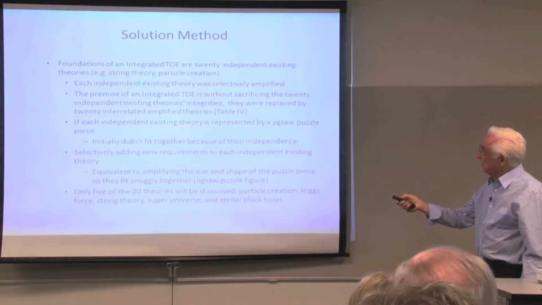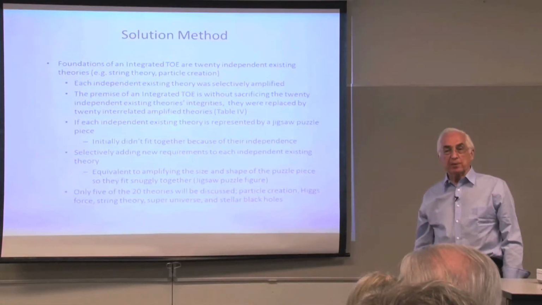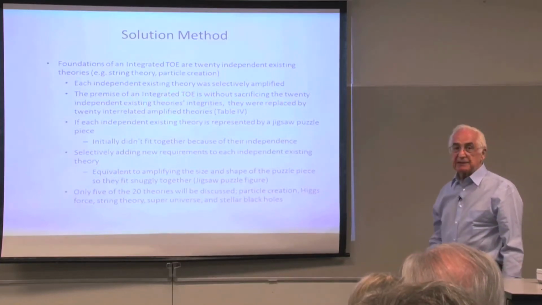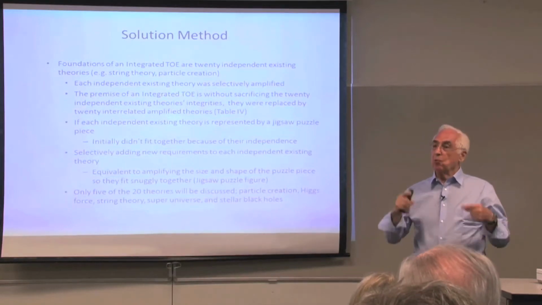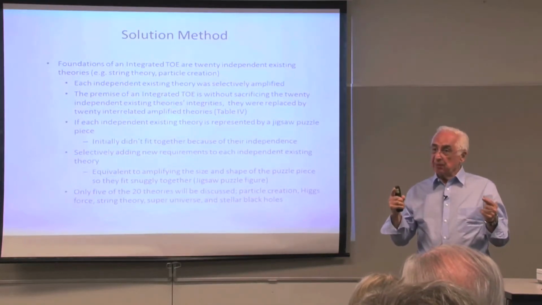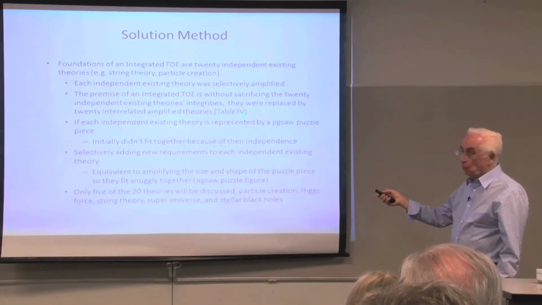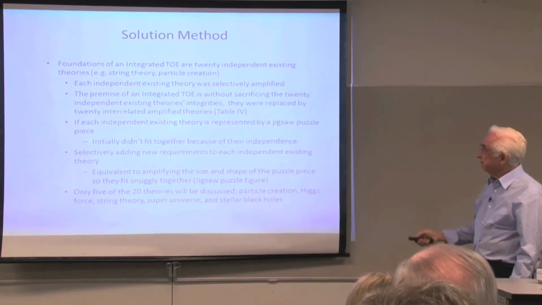Each of these independent existing theories was selectively amplified, and the premise of an integrated theory of everything is that without sacrificing the 20 independent existing theories, they were replaced by 20 amplified interrelated theories, and that is in Table 4, and that's one of the last charts in the presentation.